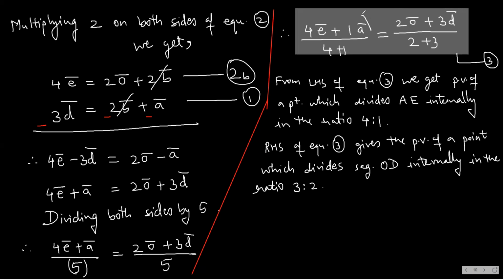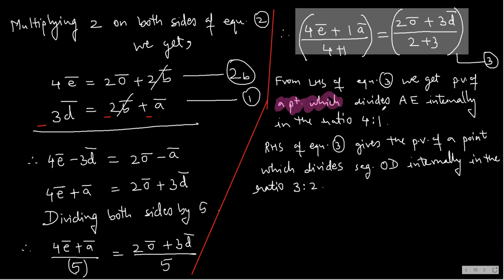Further, now see, the left hand side position vector is equal to right hand side position vector. What does that mean? It means this point and this point, they are one point only, because the position vectors of that point are equal.